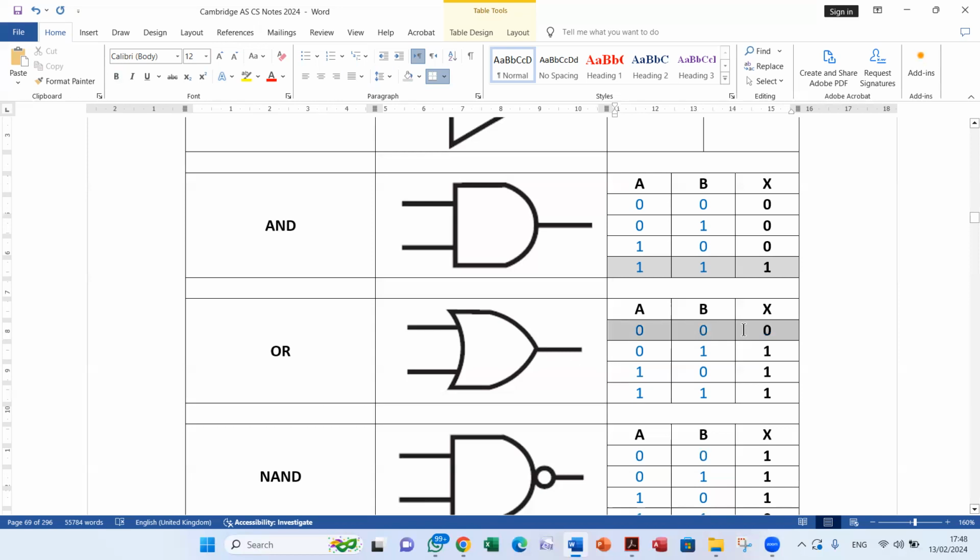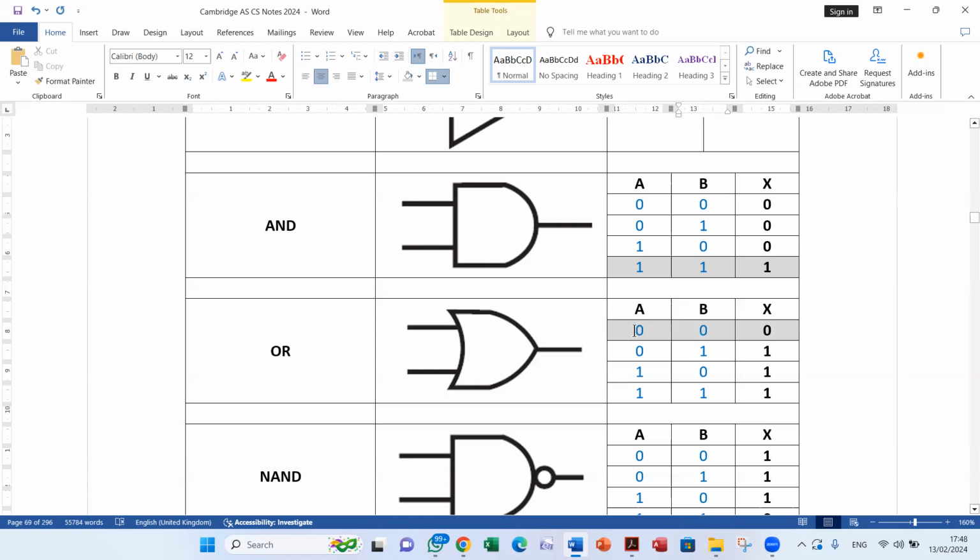Okay? The OR gate is very kind because any input equal to 1 will produce an output equal to 1. The only time it outputs 0 is when both inputs are 0.